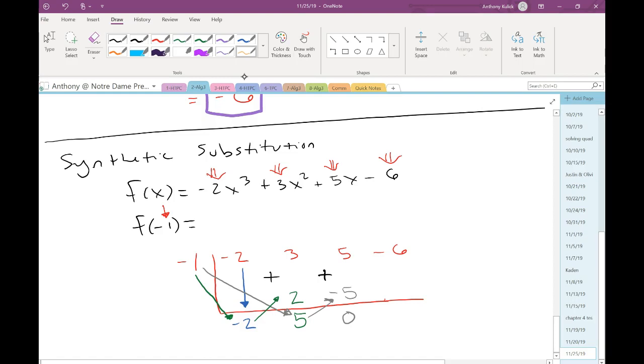And I'm just going to keep redoing that same process until I run out of spaces. So I need to do it one more time. So negative 1 times 0 is 0. And when I add down, I get negative 6. And this is the part that I need. That is going to be my answer to f of negative 1.